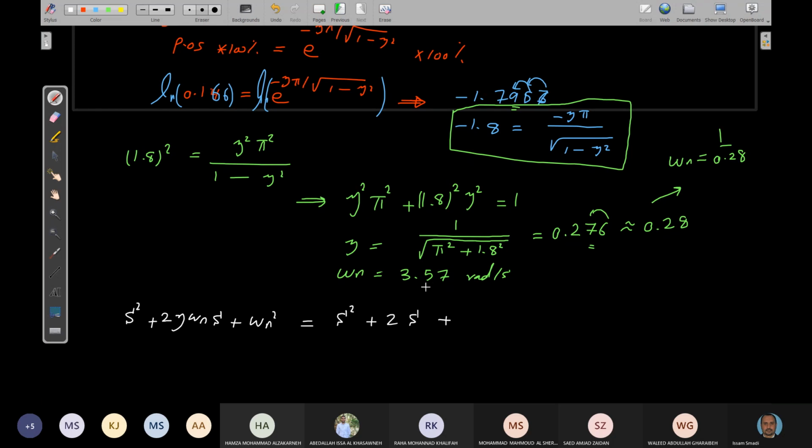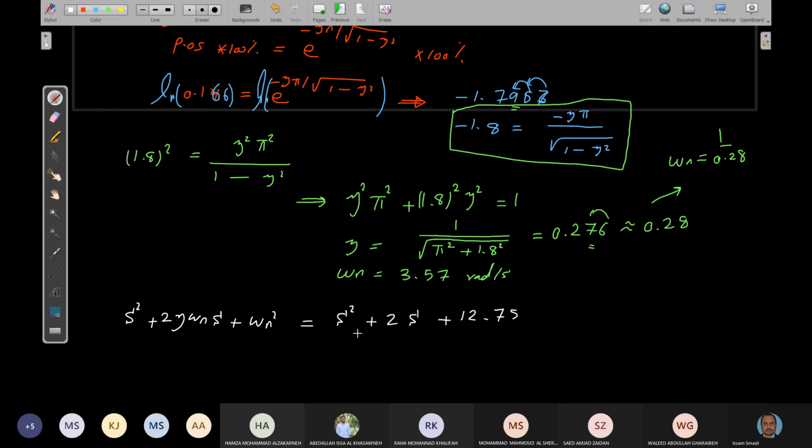Can you square this one for me? 3.57 squared is equal to what? 12.75.